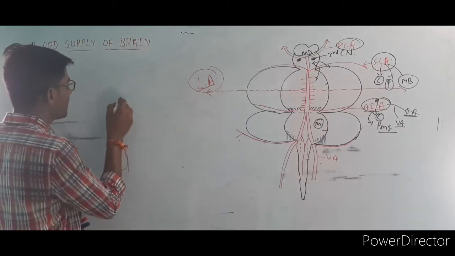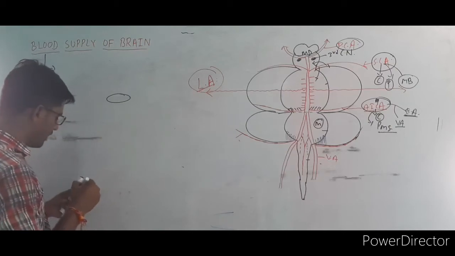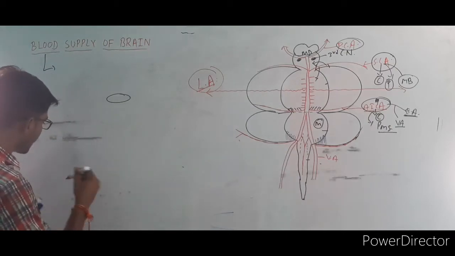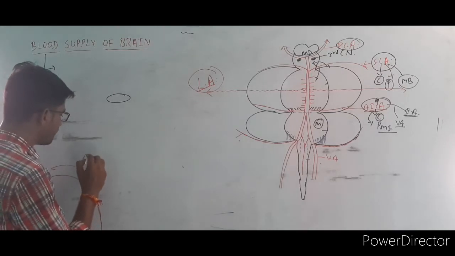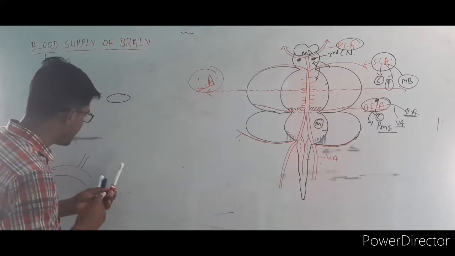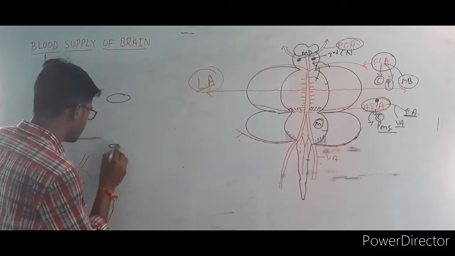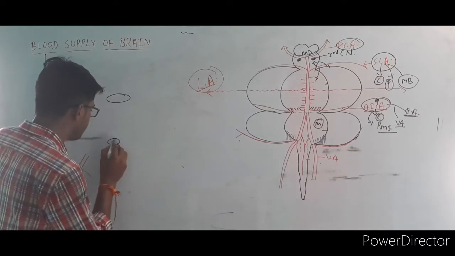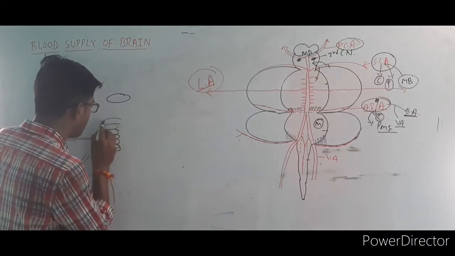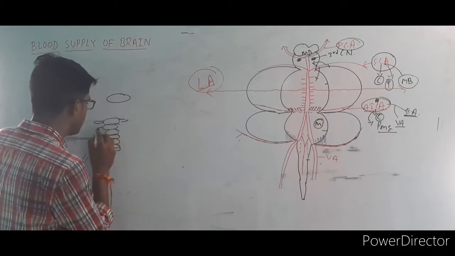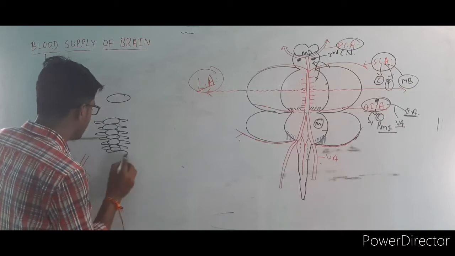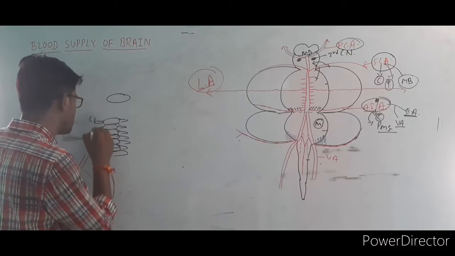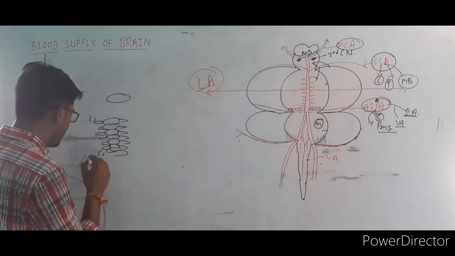See here, foramen magnum is here, and here is your subclavian artery and your vertebral artery. Here is your vertebra. I'm just roughly drawing. It starts from C6 and goes up to C1.